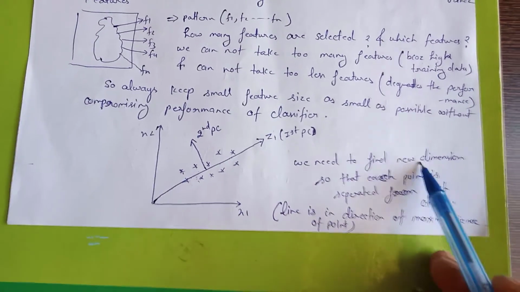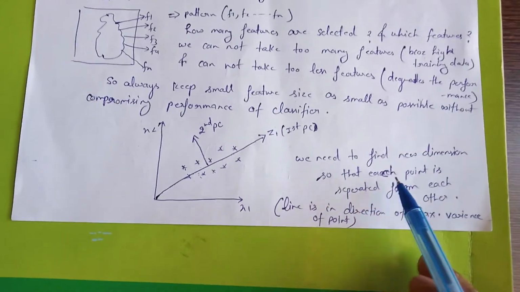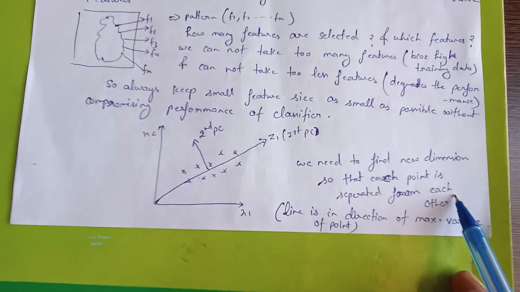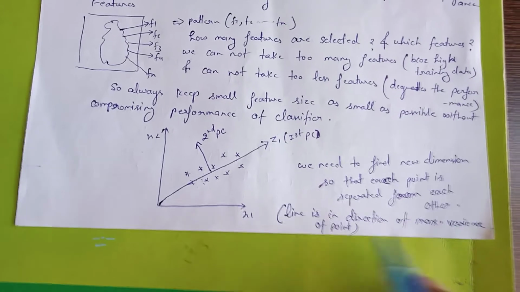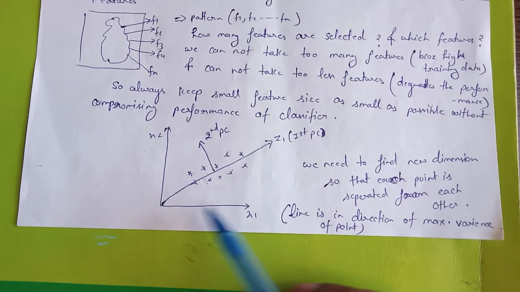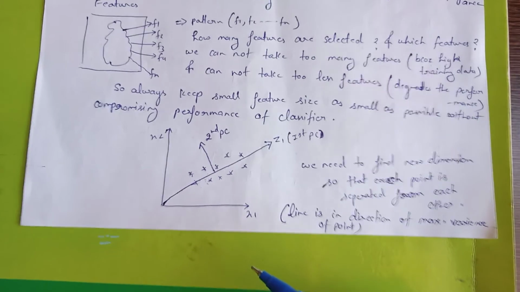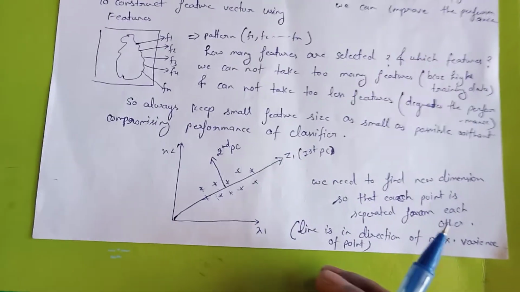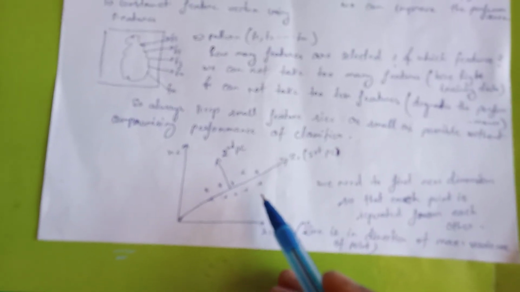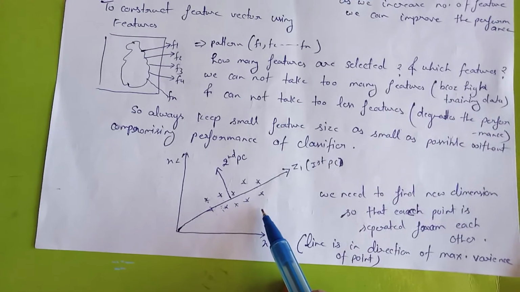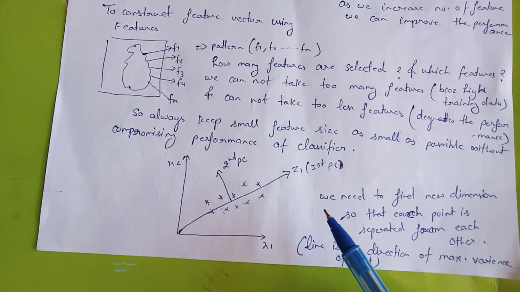We need to find a new dimension so that each point is separated from each other. This line is in the direction of maximum variance of the points, where the maximum data points exist. This is the objective of PCA, and how we will do it, we will see in the next video.